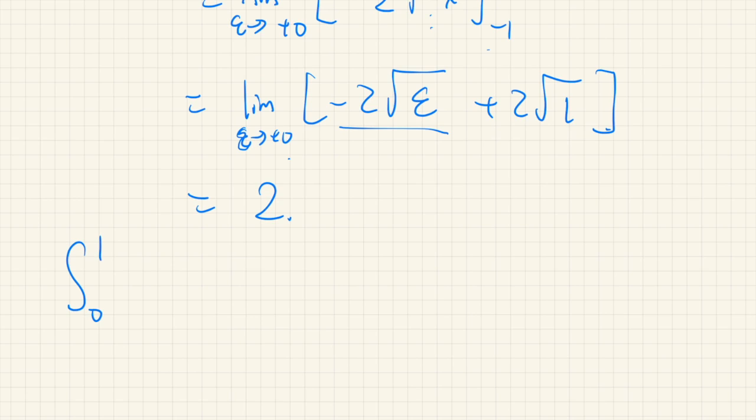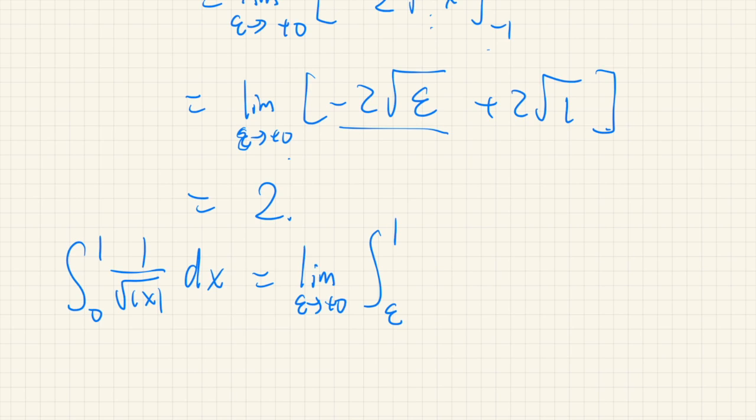This one is again an improper integral. So this should be considered as the limit, epsilon going to 0 from the right, of the integral from epsilon to 1. Applying the definition of the absolute value of a real number, in this interval from epsilon to 1, x is always positive, so we can just get rid of the absolute value and write x.